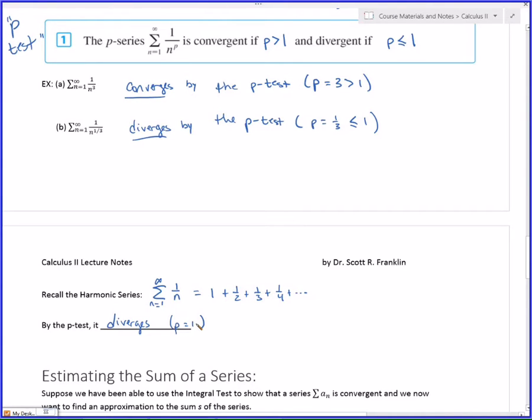It's interesting to me to note that you've got a very interesting behavior occurring near p equals 1. I'm going to throw this in here. Note: when p is equal to 1, this thing will grow forever.